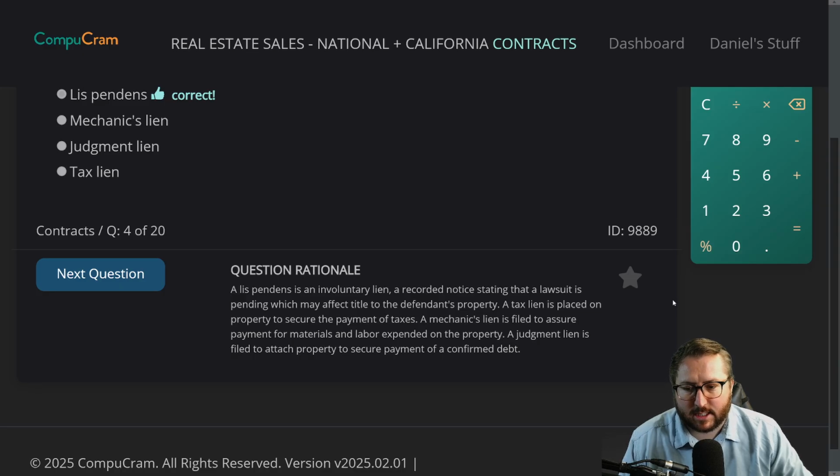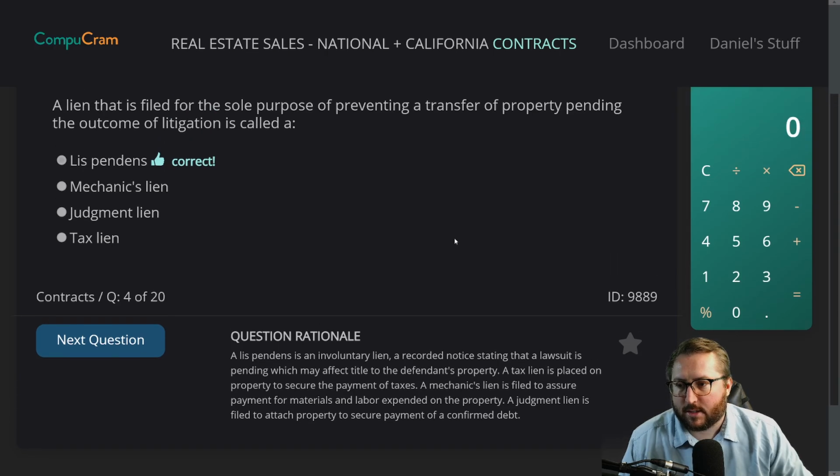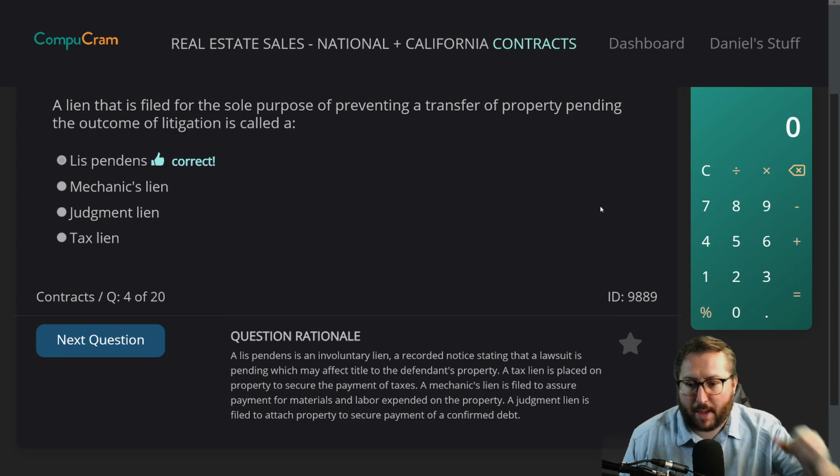A tax lien is placed on property to secure the payment of taxes. A mechanics lien is filed to assure payment for materials and labor expended on the property. A judgment lien is filed to attach properties to secure payment of a confirmed debt. So it went through all of these different liens, but the lis pendens is a pending lien against the property, basically. That's, I guess, how you can remember it.